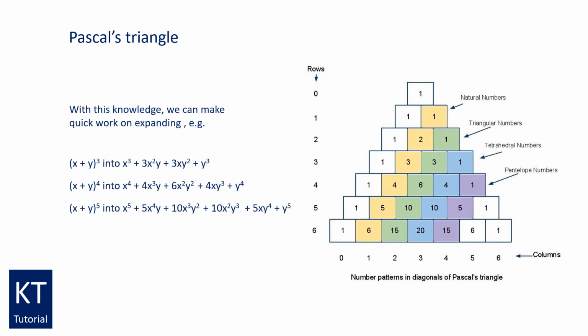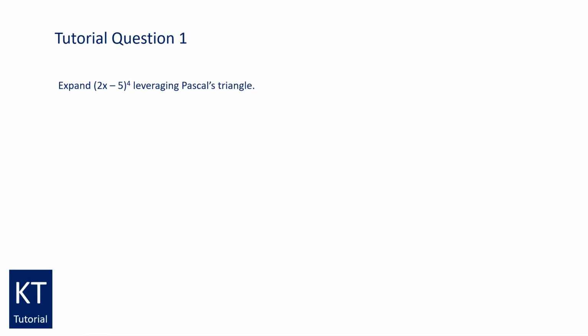With this knowledge, we can make quick work of expanding (x plus y) to the power of 3 into x cubed plus 3x squared y plus 3xy squared plus y cubed, and so on. Let's put this to the test under tutorial question 1, where we are asked to expand (2x minus 5) to the power of 4 leveraging Pascal's triangle.